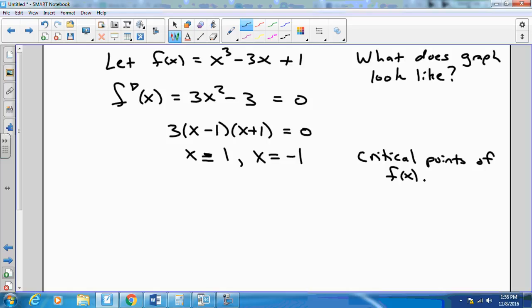So f prime is equal to 0. This gives me these 2 points. And now I'm going to construct for myself a familiar friend, the well-labeled number line. And I'm going to mark those 2 zeros for f prime right there. And these 2 zeros divide up the entire real line into 3 regions.